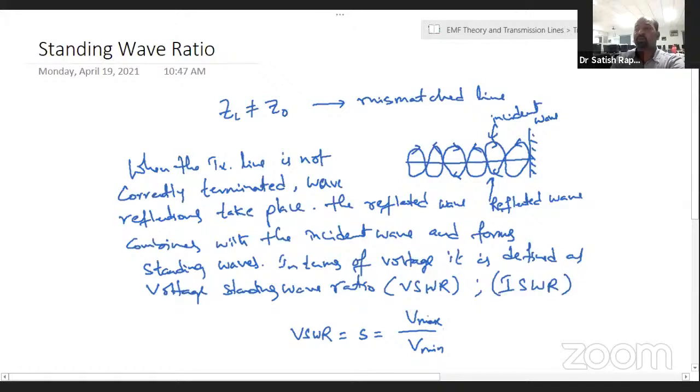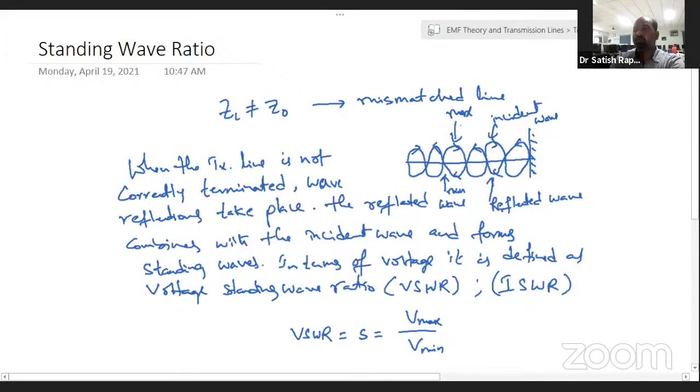Whenever the reflected wave combines with the incident wave, there exist maximum points and minimum points. So this is the maximum voltage, and this is the minimum point.